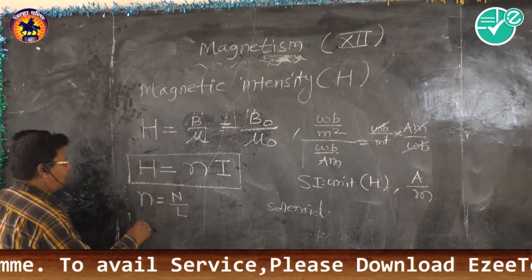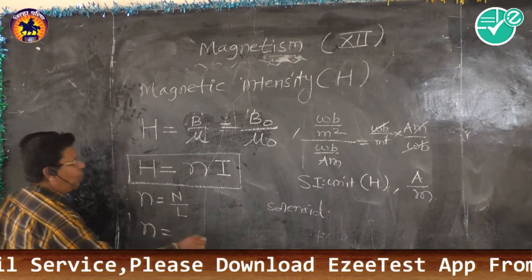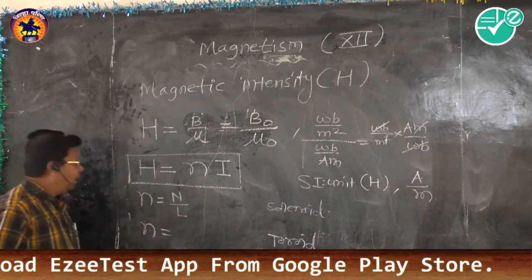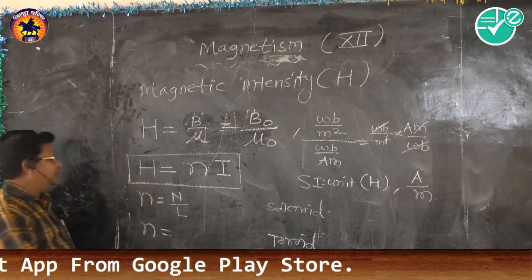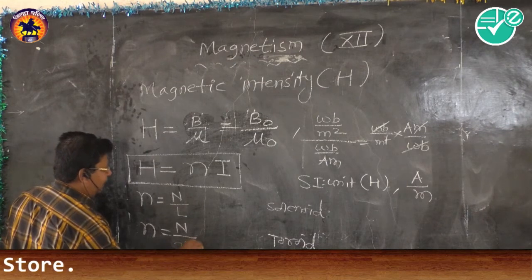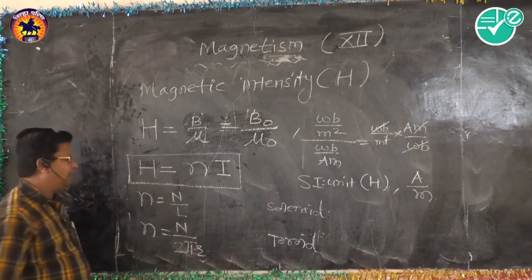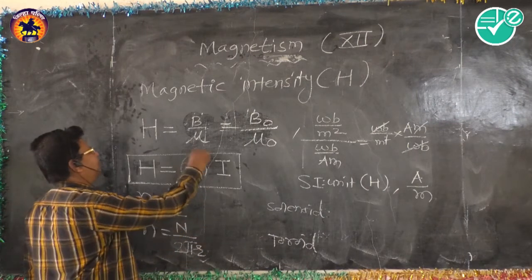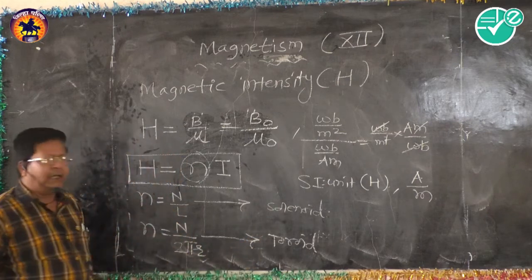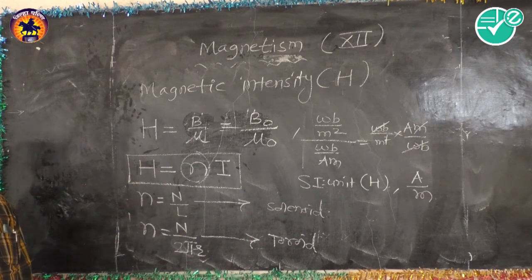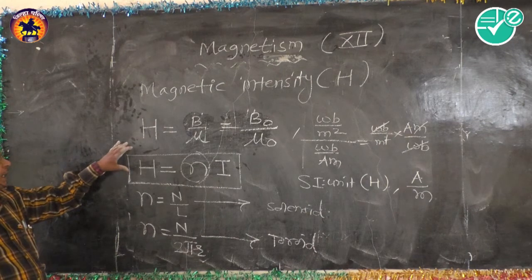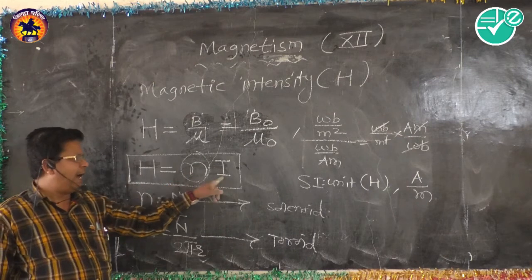Again, in case of a toroid, this n is equal to N divided by 2 pi r. That means the value of this n regarding the solenoid and regarding the toroid is number of turns per unit length. And from this formula, H is equal to nI.